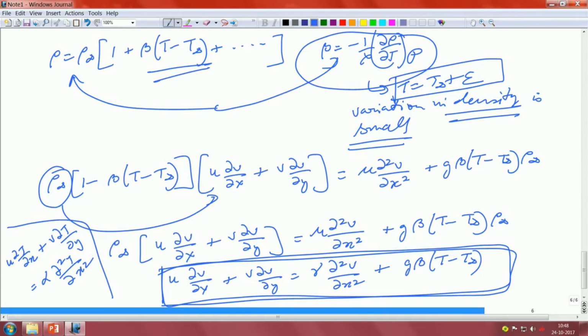So, that expression, you see that there are velocity terms. Now, you have the temperature term also appearing in the momentum equation, which was not the case in forced convection, right. So, this complicates things a little bit.